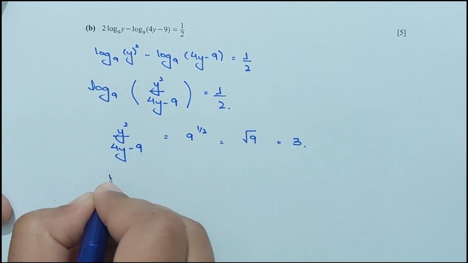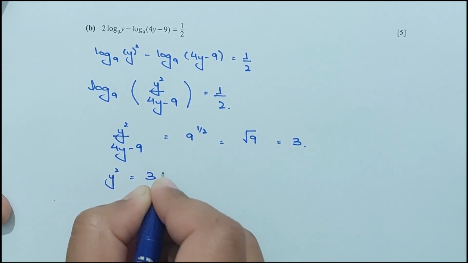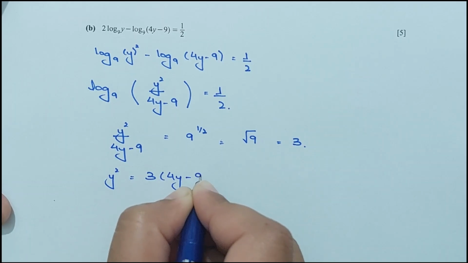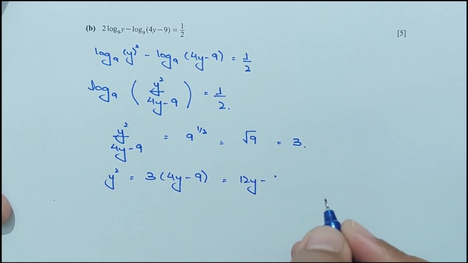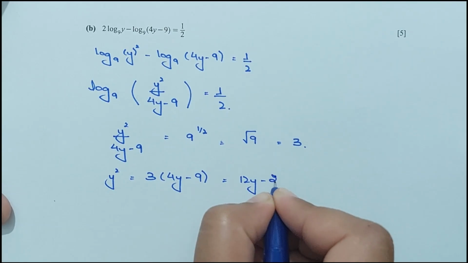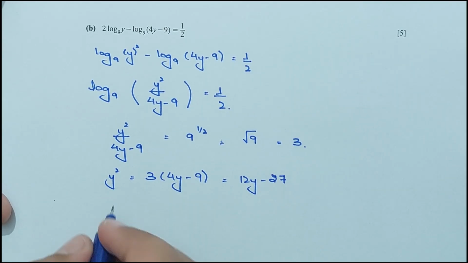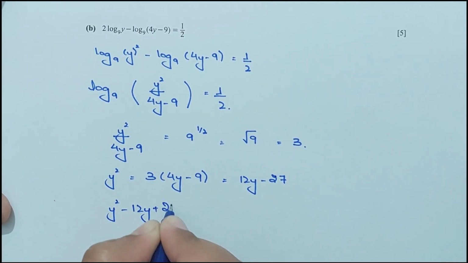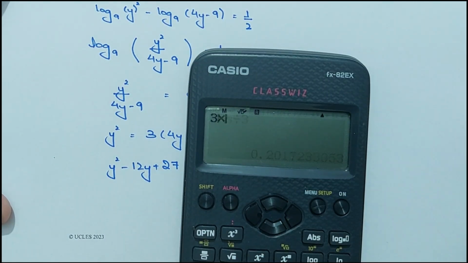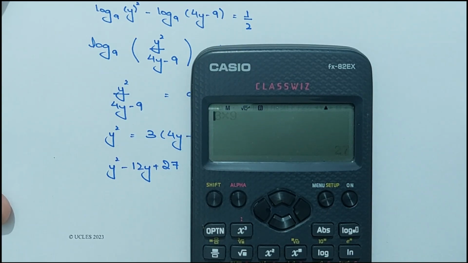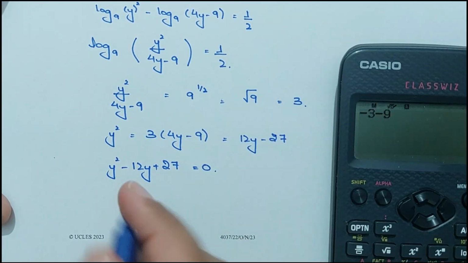Now cross multiplication: y square equals 3 times 4y minus 9. This is 12y, and minus 3 times 9 is 27. So y square minus 12y plus 27 equals 0. So factorize it: 3 times 9 is 27, and minus 3 minus 9 is minus 12.